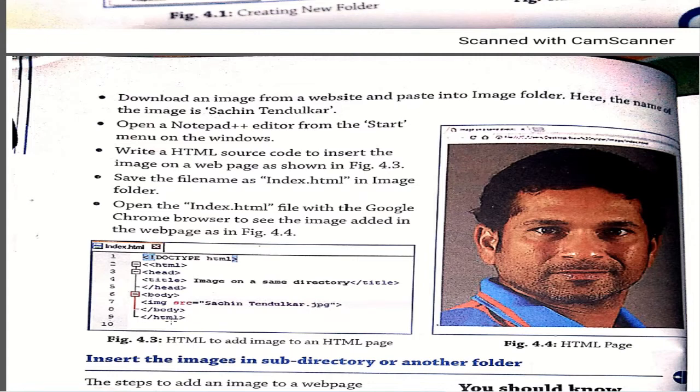Then you need to close the body section and html section, and save that file with .html. Then open that file with Google Chrome, Internet Explorer, or any other browser. Then you will be able to see this type of output.